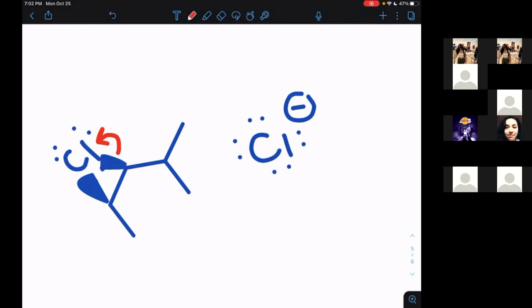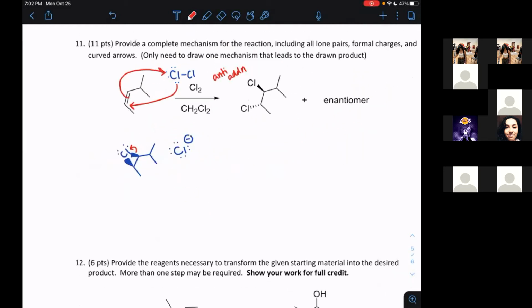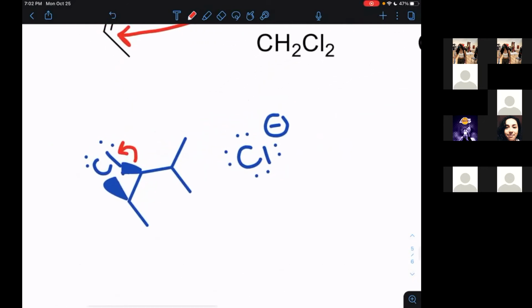If I'm breaking this bond, then I'll be left with that one with the chlorine, right? I don't know. How she did it in office hour today, she has, like how you have it, that first arrow from that wedge bond to that chlorine, but she has the chlorine going to that carbon.